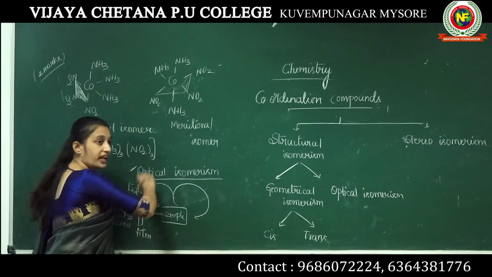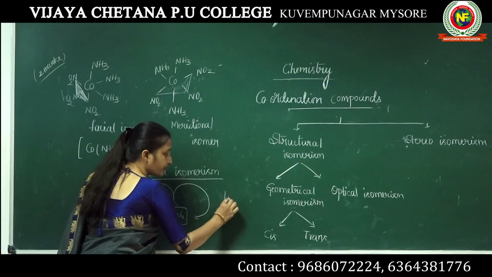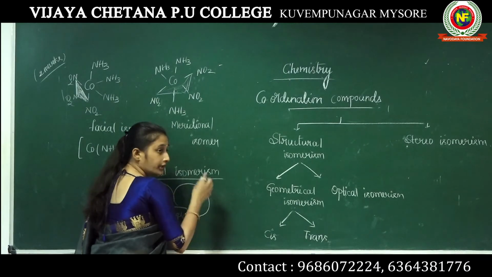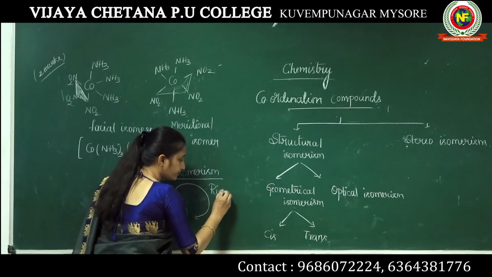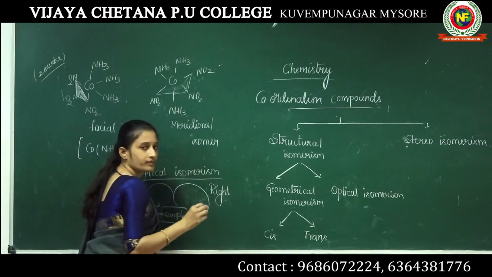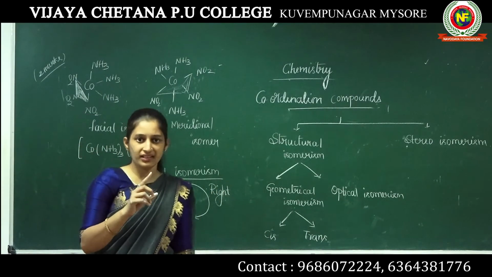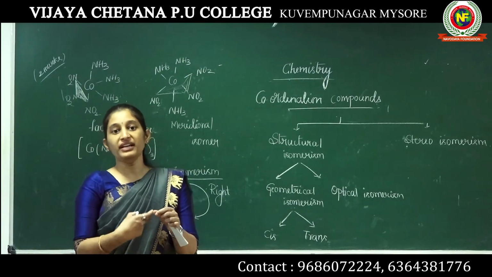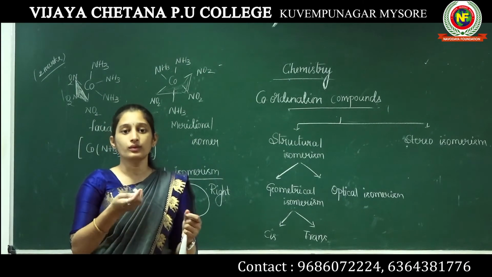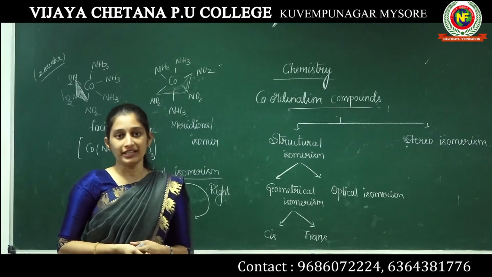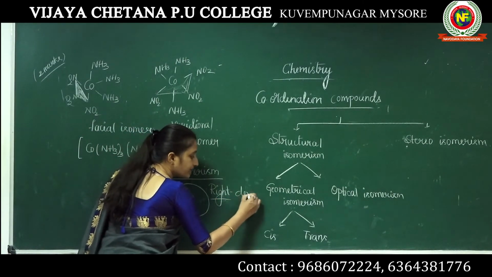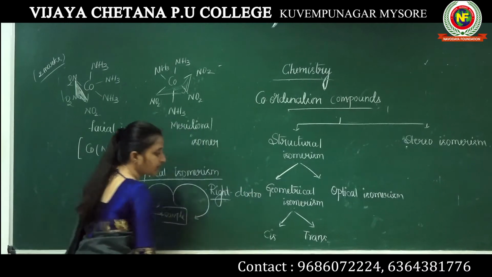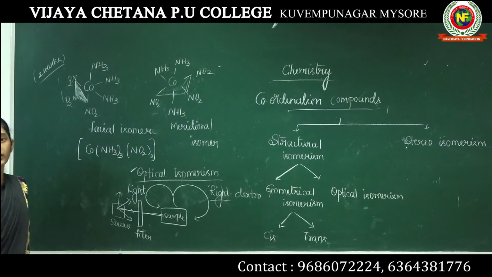If the light rotates towards the right, light always travels in a straight line, but bending of light is also one of the properties of light. If it is bent towards the right, we call it dextro.